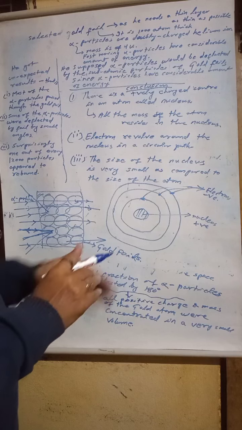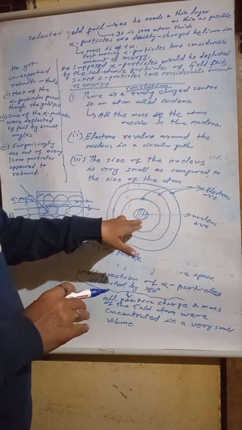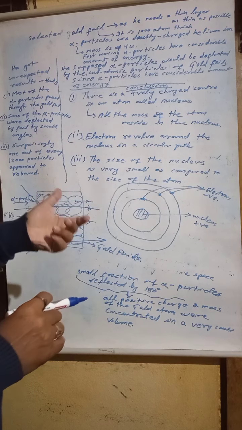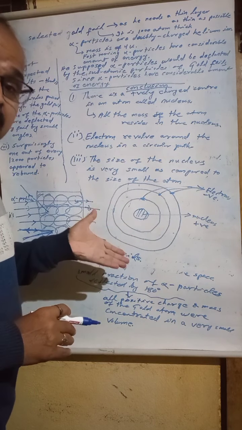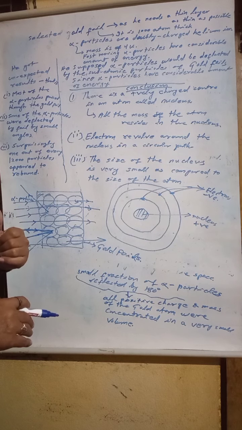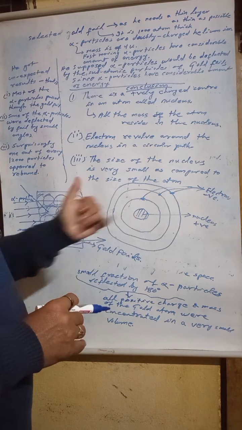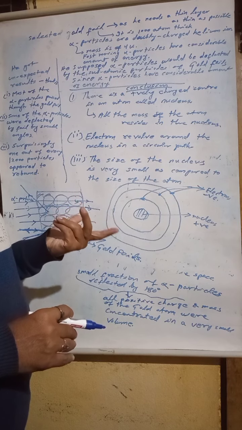So what will happen? The electron will slowly fall onto the nucleus. This is the disadvantage of the Rutherford model. Rutherford had not concluded anything about this.